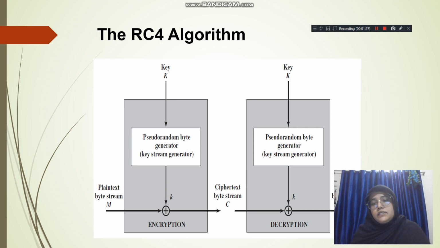In the decryption process, the ciphertext byte stream and the pseudo random byte generator, that is the key stream generator, those two are XORed, and that produces the plain text stream, that is M. This is the decryption process.